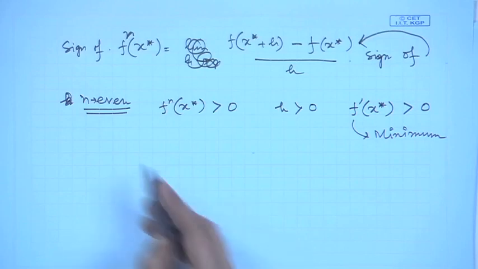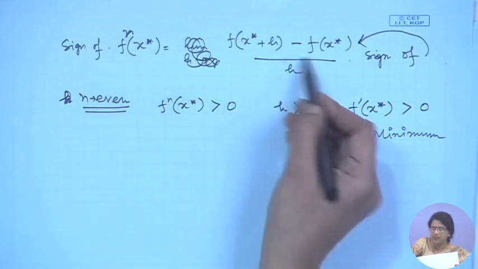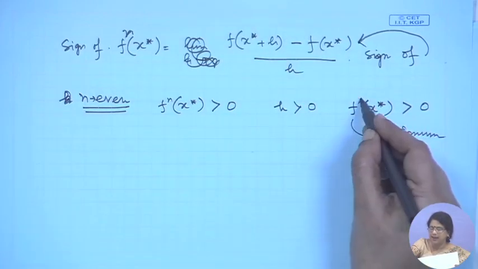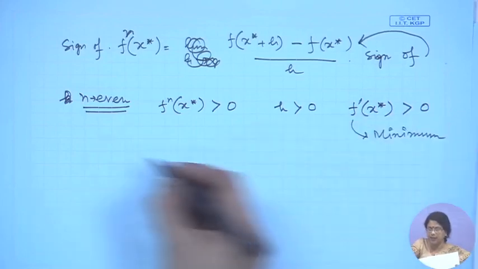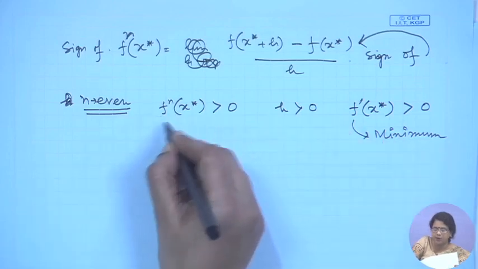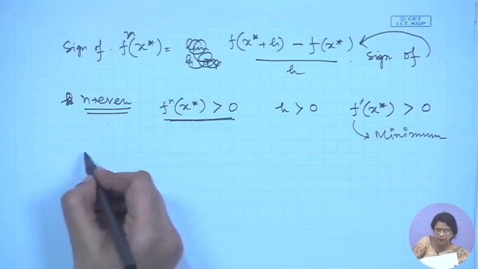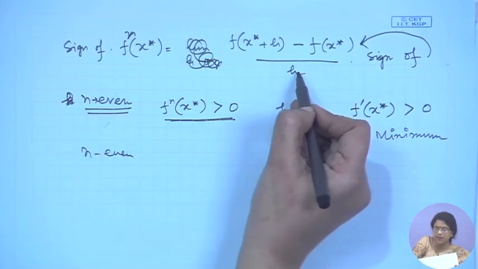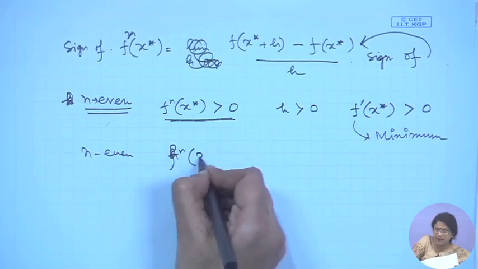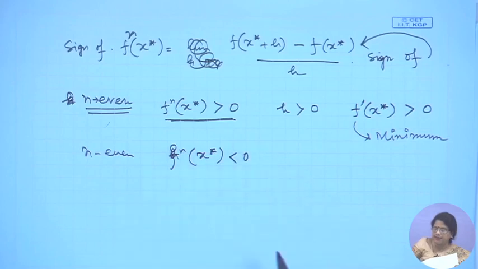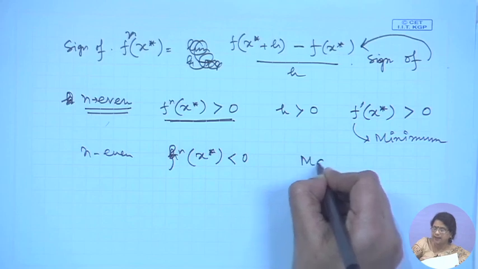Now it is clear. Now if n is even, f n x star is positive, then we are getting from here f prime x star greater than 0. All right. That means we are saying that at minimum value, if n is even, we are having f n x star positive. Similarly, for n even, if f n x star is negative, then we are getting the maximum value.